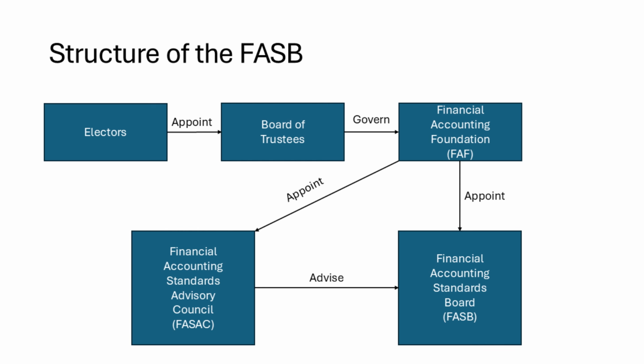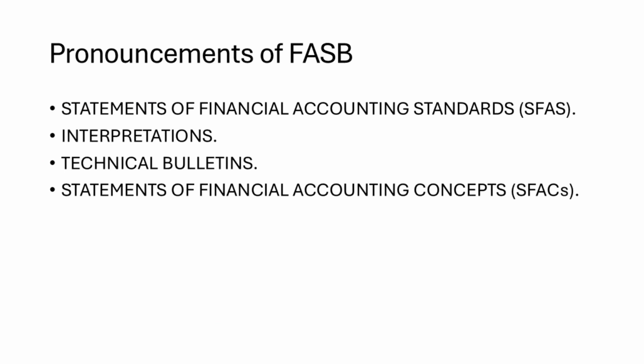Okay. So what work should the FASB do? Basically, there are four pronouncements. The first is the SFAS, Statements of Financial Accounting Standards. These statements establish GAAP for specific accounting issues.